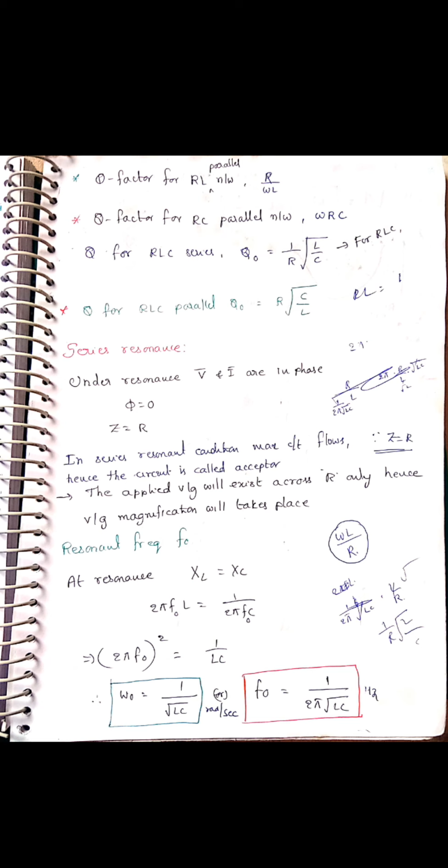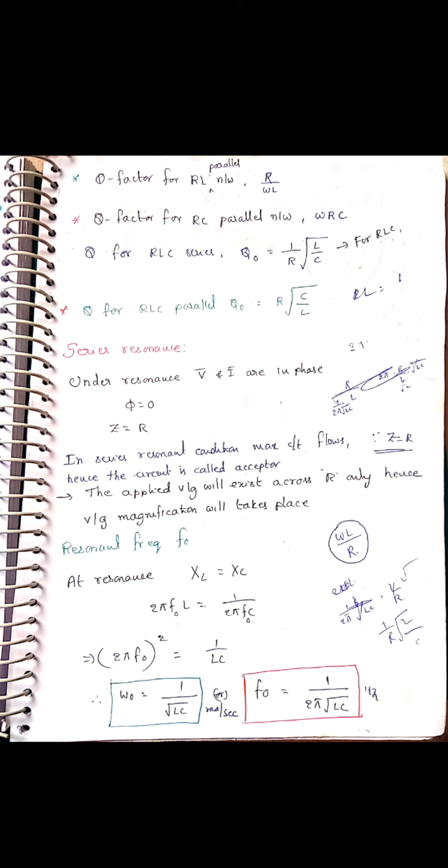If inductive or capacitive effects are existent, you get the expression Z is equal to R plus j into XL minus XC. If those storage elements become 0, then Z is equal to R. Then the total impedance decreases. If total impedance decreases, that means resistance is less, and if resistance is less, the quality of the network is good.